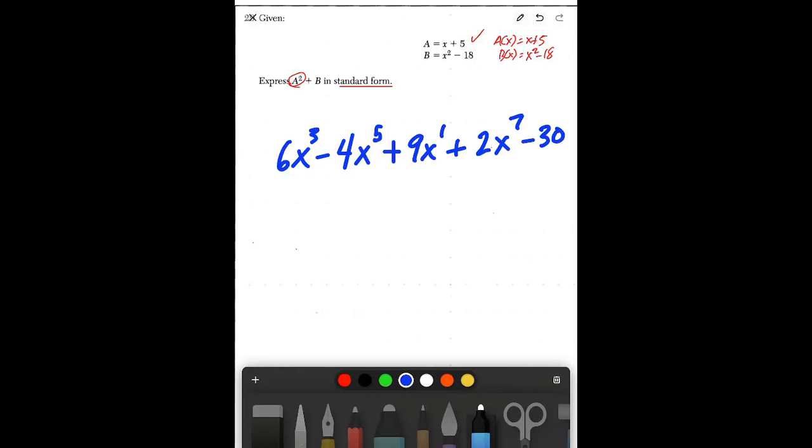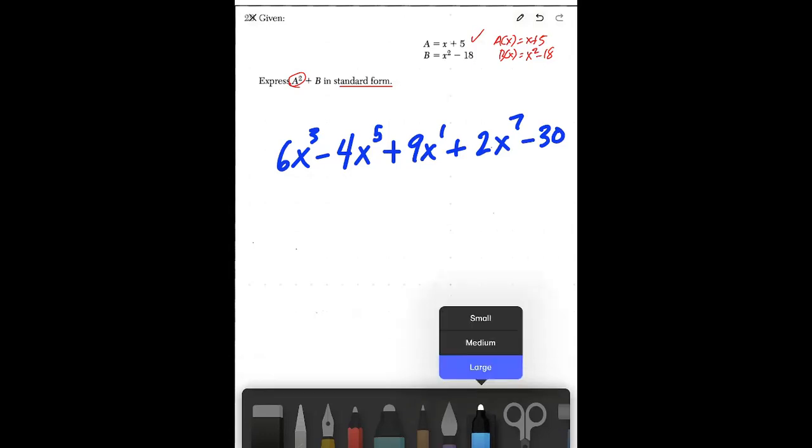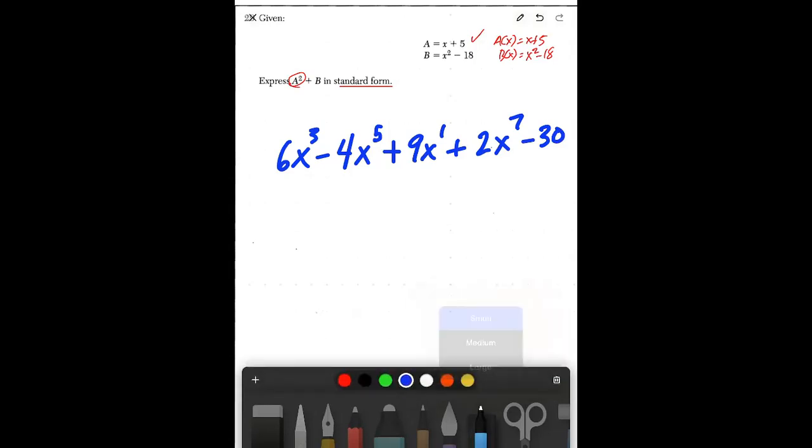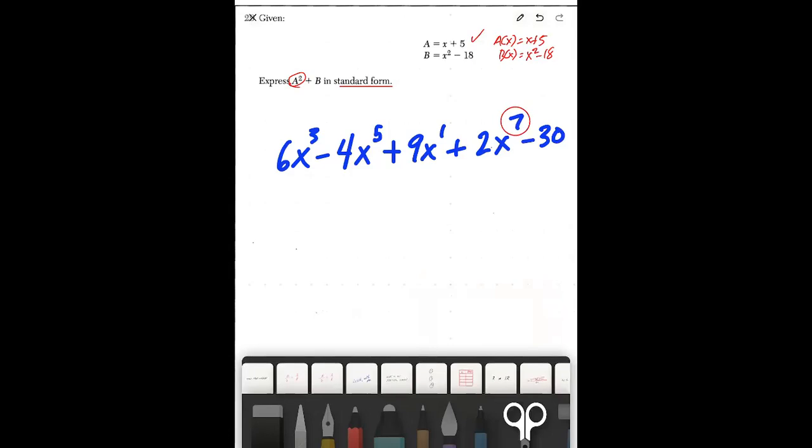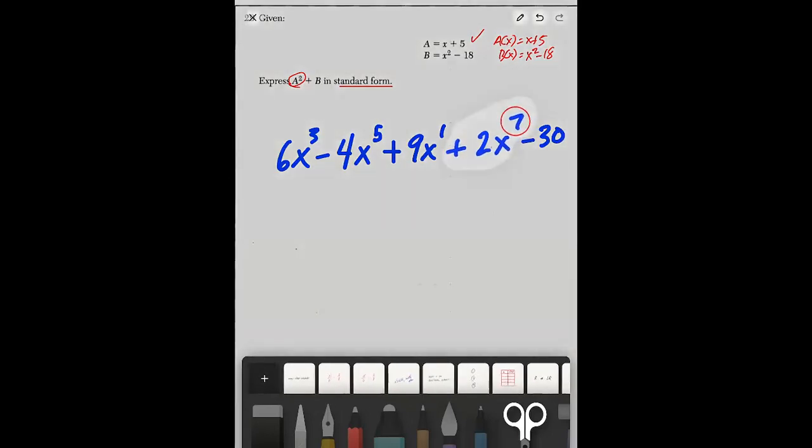So here's what we're going to do. The highest exponent in this polynomial is 7. So I'm going to take this term, and notice I'm taking the plus sign as well, and I'm going to put that out front.